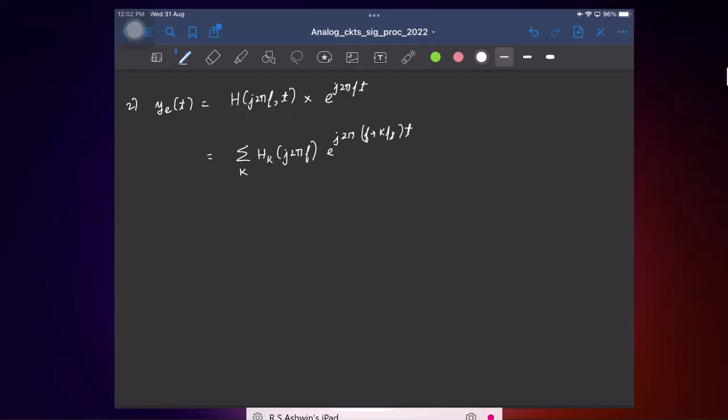So the point is, if you feed a sinusoid at frequency f to an LPTV system, at the output you could see frequencies which are f plus k fs. And this transfer function, which governs the translation from f to f plus k fs, is called the harmonic transfer function.